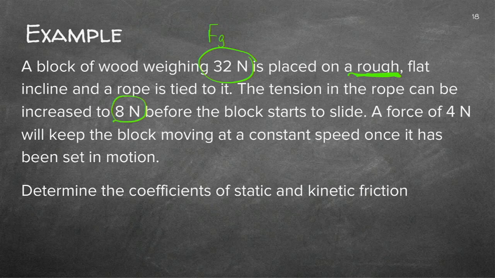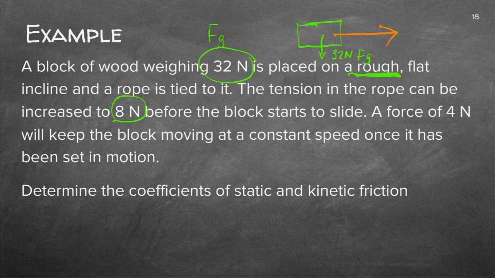So what I have here is a block. The weight of this block is 32 newtons, and you know that's Fg. On it is a rope, so I've got this rope pulling on it, and it's flat.